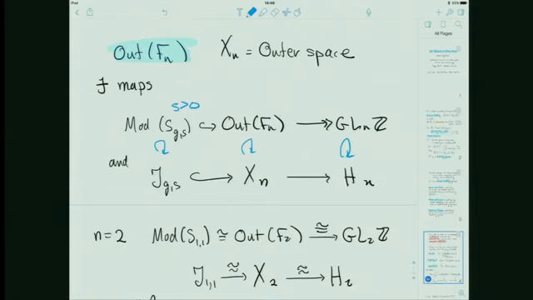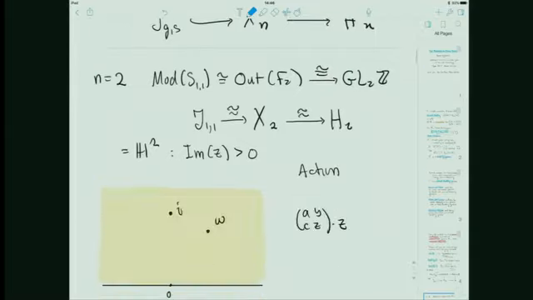Here I'm really looking at reduced outer space, by which I mean that I'm not allowing graphs with separating edges. In which case all these spaces are exactly the same thing, with the same actions.